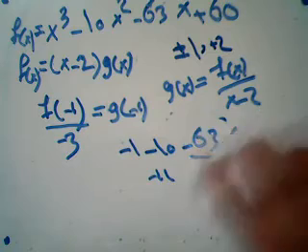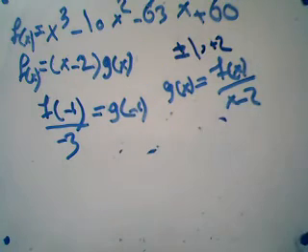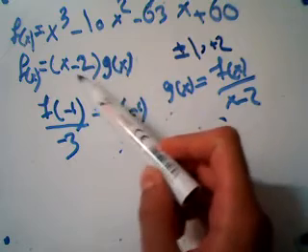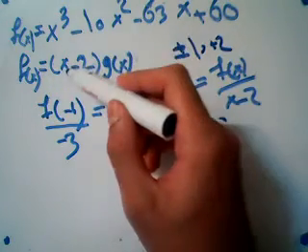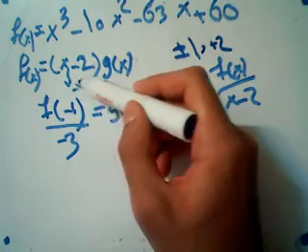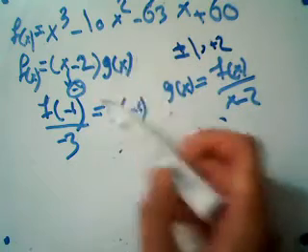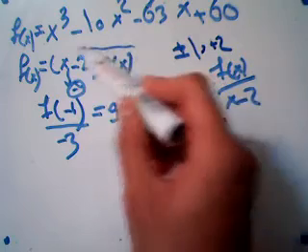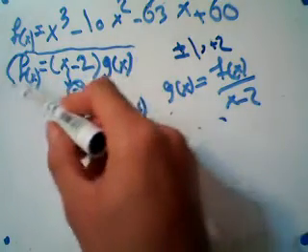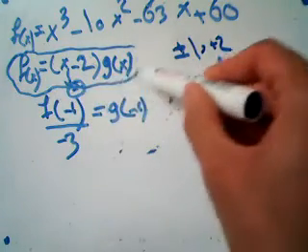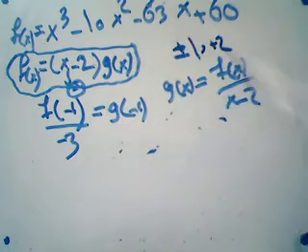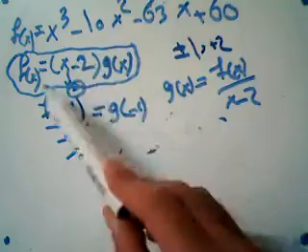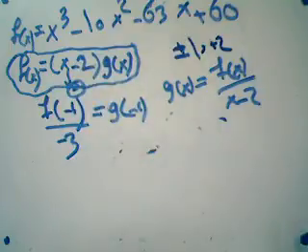Then plus 2, we found a number, minus 1, which doesn't satisfy this relation, which means that this relation does not exist for every value of x. That means that x minus 2 is not a factor of f of x.